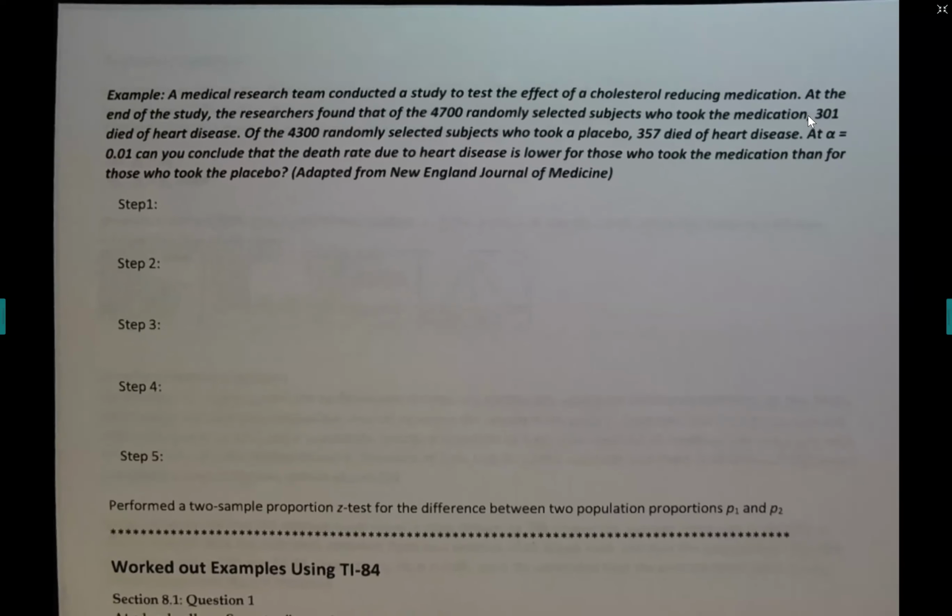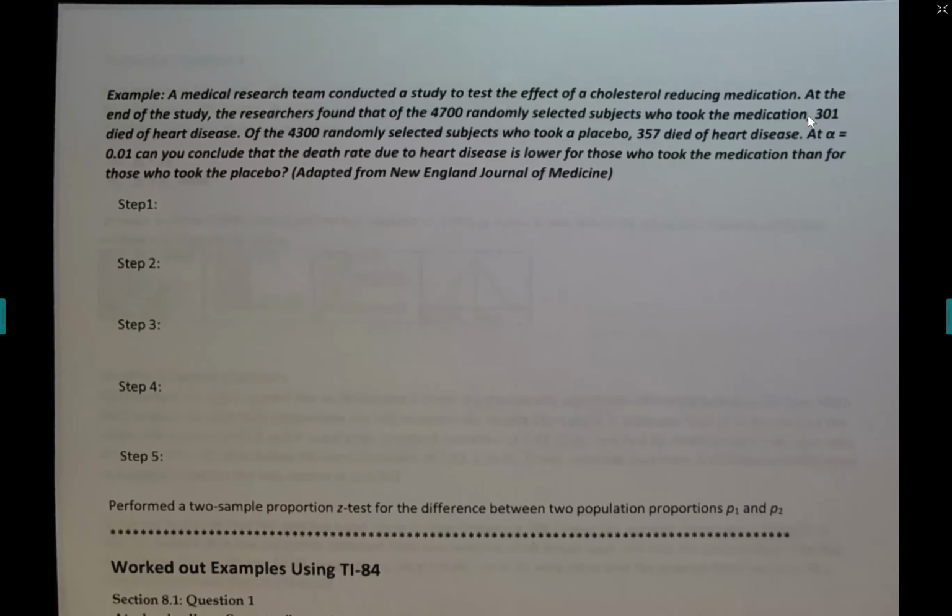A medical research team conducted a study to test the effect of cholesterol-reducing medication. At the end of the study, the researcher found that of the 4,700 randomly selected subjects who took the medication, 301 died of heart disease.